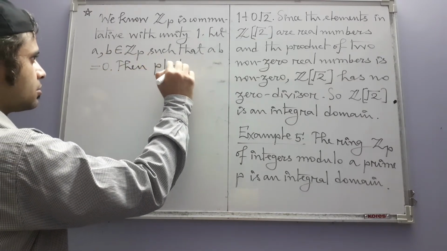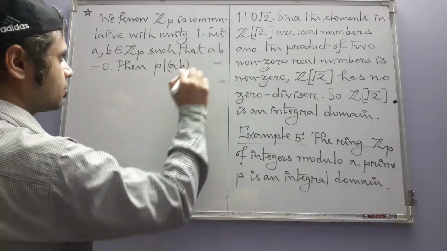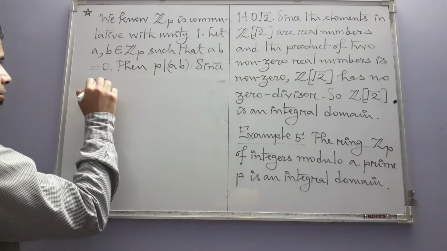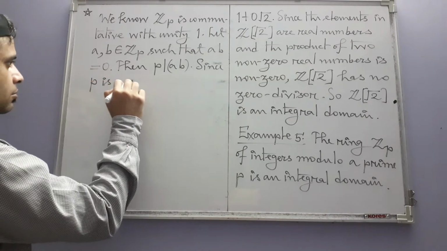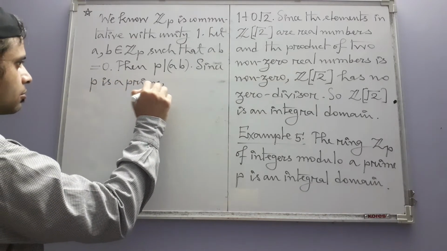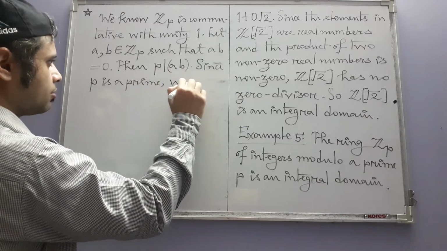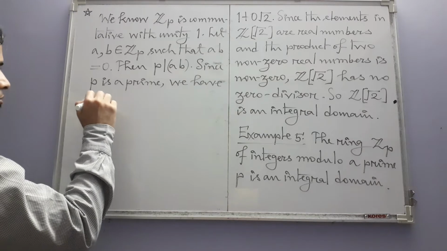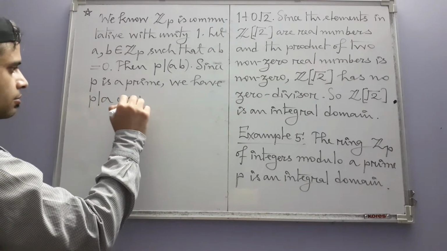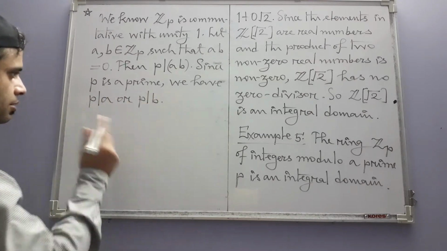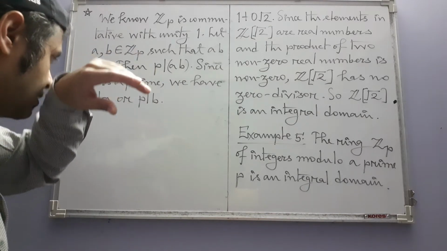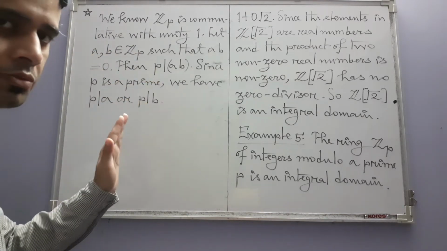Since p is a prime, we have p divides a or p divides b. That's the property of primes. If a prime divides a product of some integers, then it divides at least one of them.